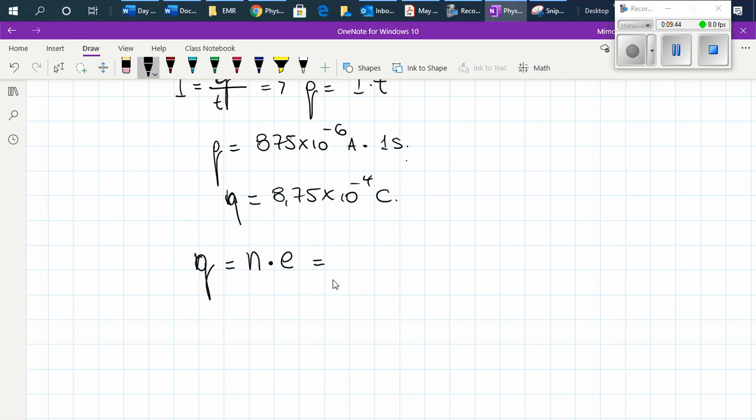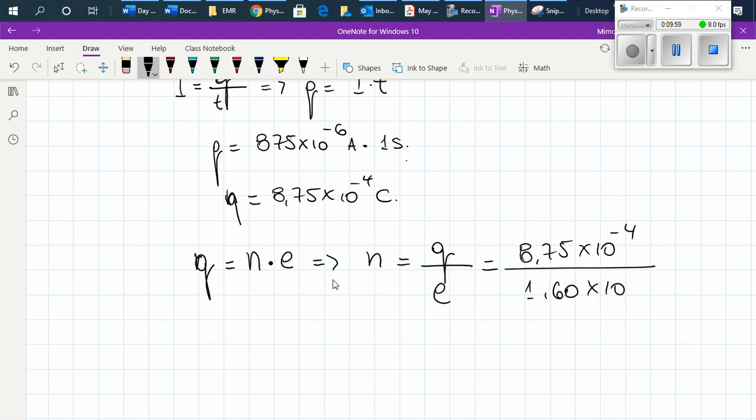From here we can find that the number of electrons is Q over the elementary charge, which is 8.75 times 10 to the power of negative 4 over 1.60 times 10 to the power of negative 19. Why is this? Because the charges that are quantized are multiples of the elementary charge.